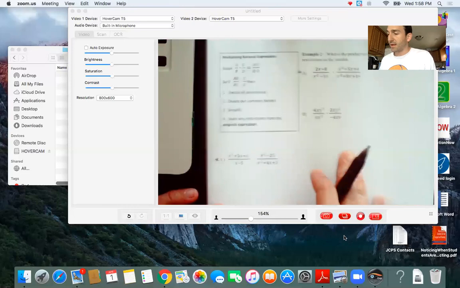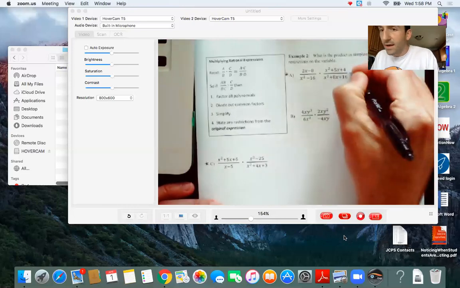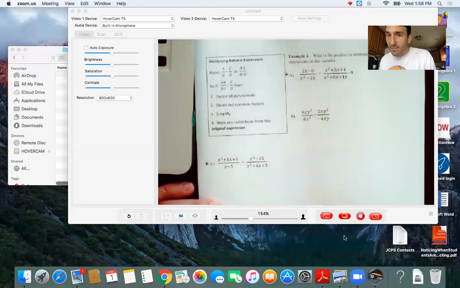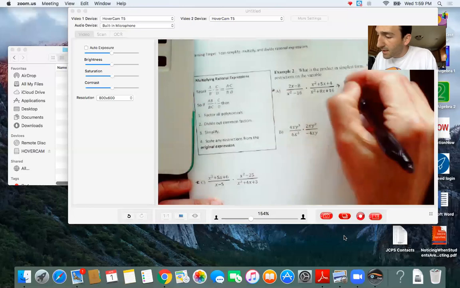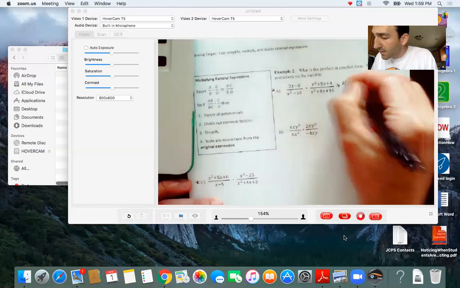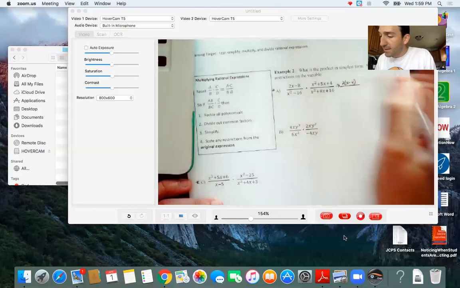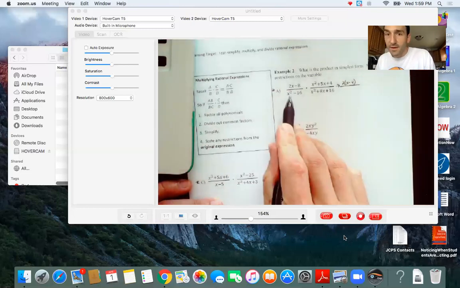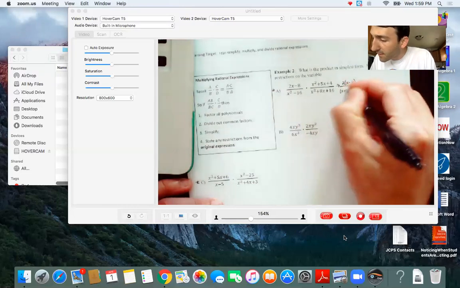Obviously, we got a lot of quadratic stuff going on, so we want to simplify this as much as possible. So looking here, we can factor out a 2. I'm going to write that as 2 times the quantity x minus 4. And that's over a difference of squares, so that'd be x plus 4 times x minus 4.